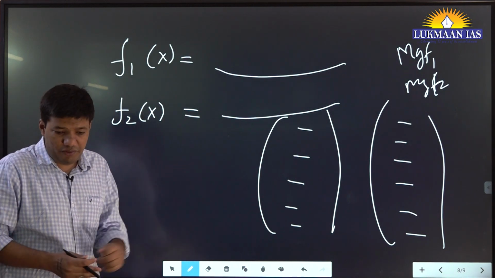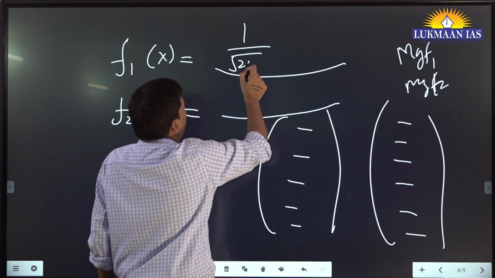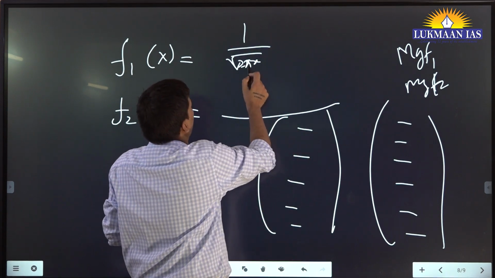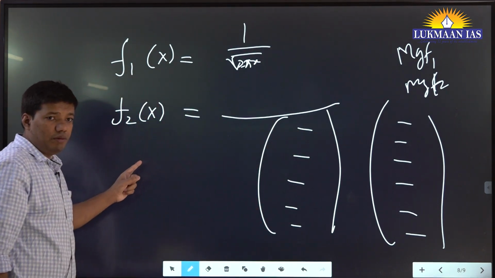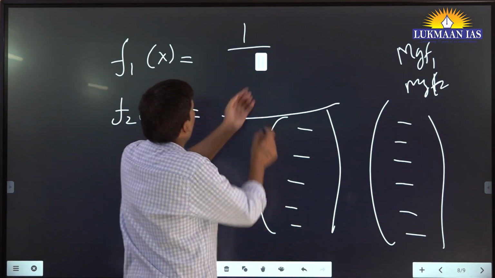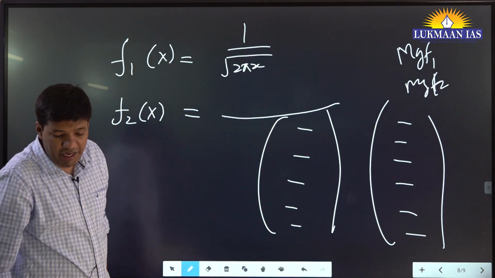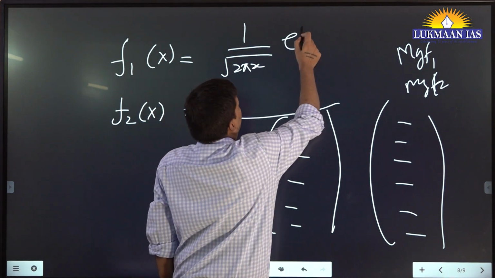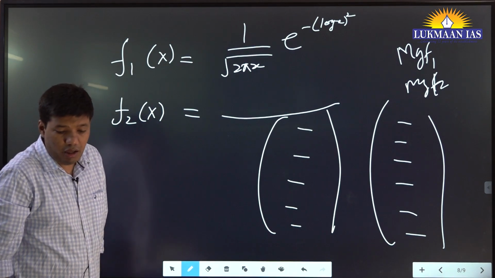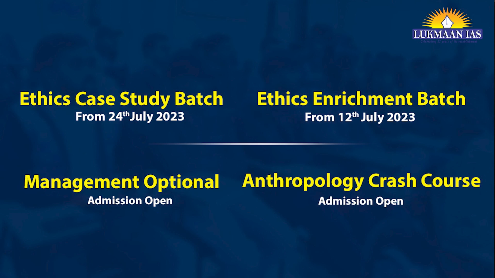There are two PDFs. Okay. First PDF is given by 1 upon root 2 pi x into e to the power minus (log x) square upon 2. Don't worry, it is not easy for humans to remember all the formulas.